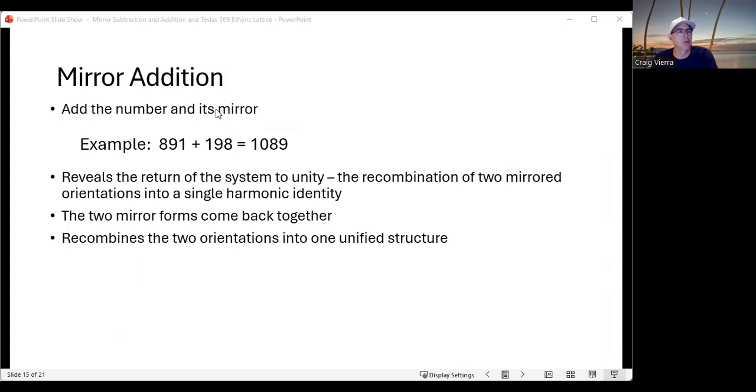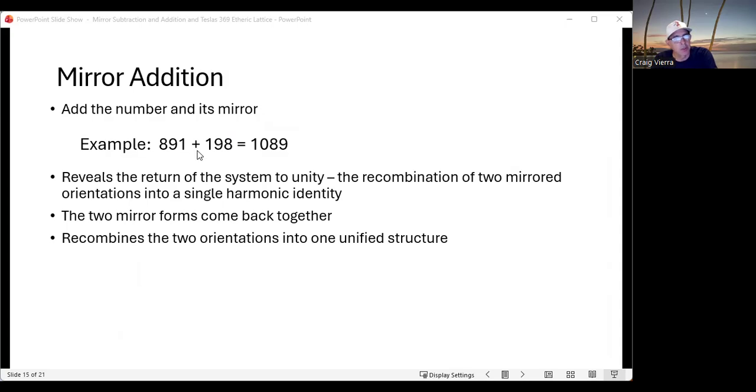I'm now going to introduce mere addition. This is where you take the number and its mere and add them together. An example is 891. I picked this because Nikola Tesla's room number was 33 times 27, which is 891.